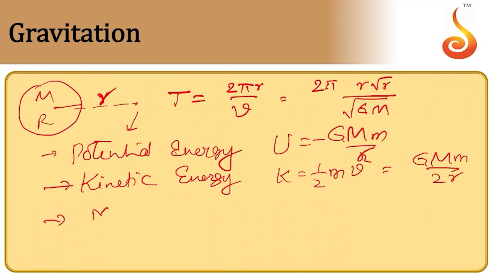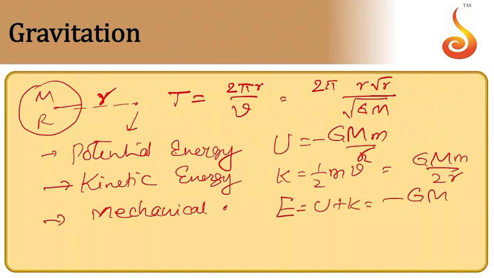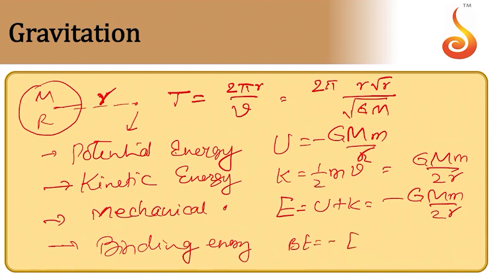And therefore, what is the total mechanical energy? The total mechanical energy is U plus K, which is minus GMm divided by 2r. So these are the important energies of a satellite. Also remember, sometimes the question is asked as what is the binding energy? Very simple. Binding energy is the negative of its total energy, which simply is GMm divided by 2r.